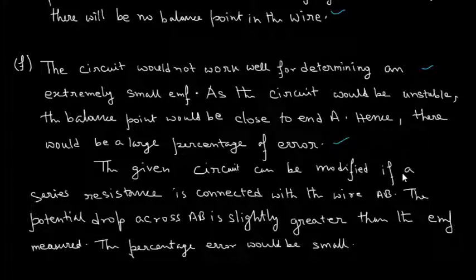The given circuit can be modified if a series resistance is connected with the wire AB. The potential drop across AB is then slightly greater than the EMF measured. The percentage error would be small.